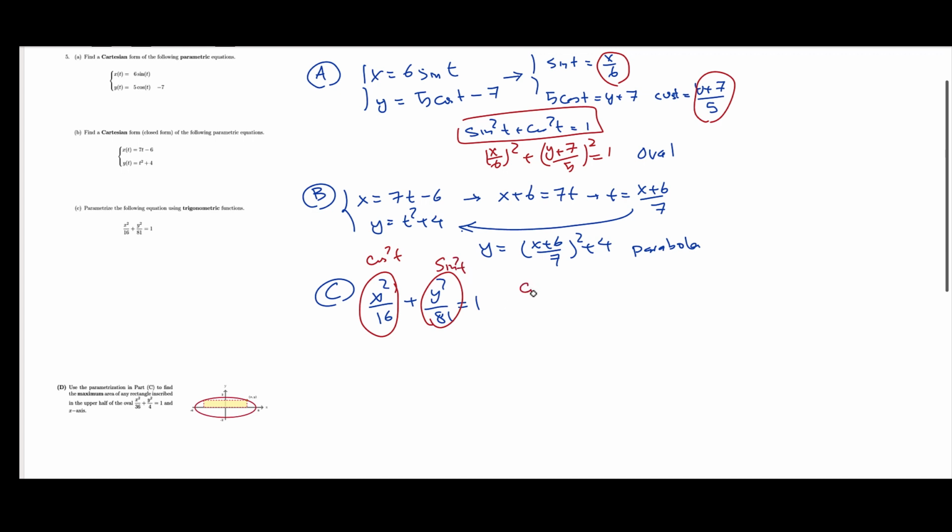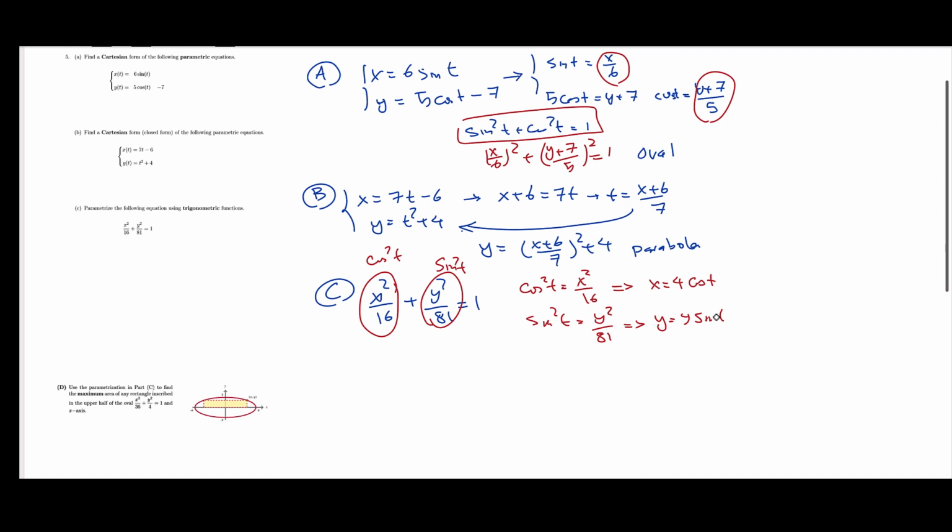And so cosine squared t equal to x squared divided by 16. This solves to be x is equal to 4 cosine t. Sine squared t equal to y squared divided by 81 implies y is equal to 9 sine t. There is no need for plus and minus because cosine t and sine t take the plus and minus in there.